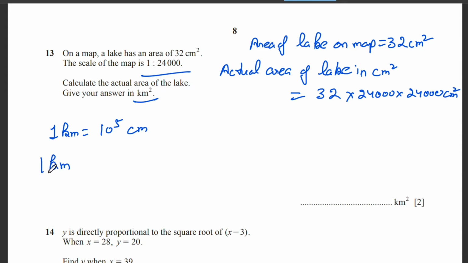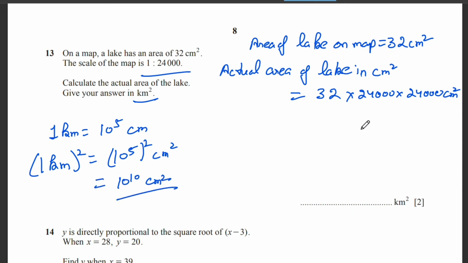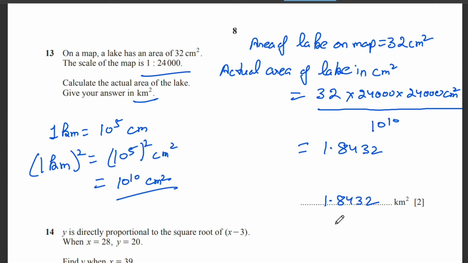So 1 kilometer square is equal to 10 to the power 5 whole square, which is 10 to the power 10 centimeter square. So you divide this by 10 to the power 10, you will get the area in kilometer square. Putting these in the calculator, you will get 1.8432 kilometer square as the actual area of the lake.